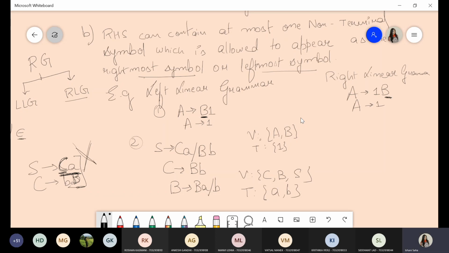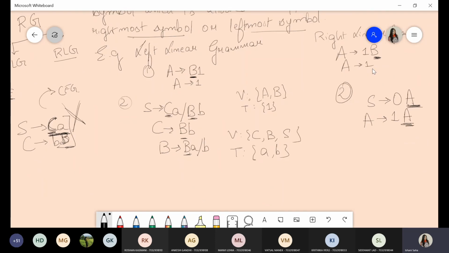This together becomes a higher order grammar, which is your context free grammar. But if all the variables here are at the left hand side, and here all the variables are in the right hand side, I'll take one more example here. See, here all the symbols are on the right hand side. So that type of grammar is a right linear grammar.